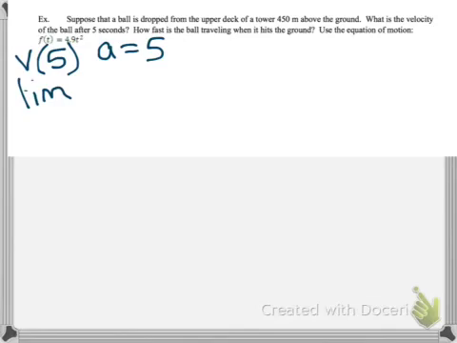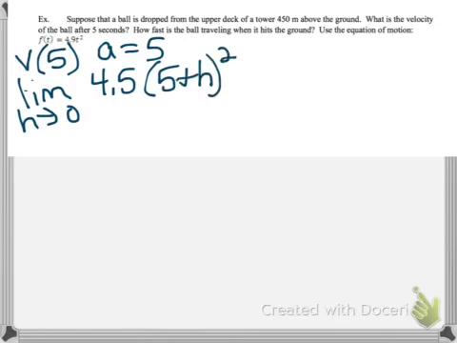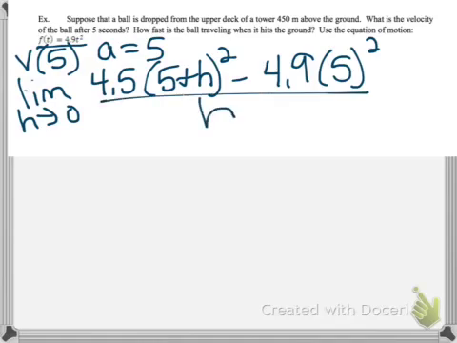I'm going to say the limit as h goes to 0 of f of a plus h, so it would be 4.9 times a plus h squared, because there's my equation, minus 4.9 times 5 squared, f of a, all over h.